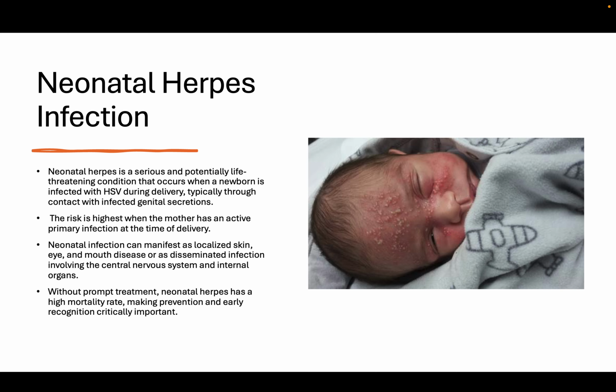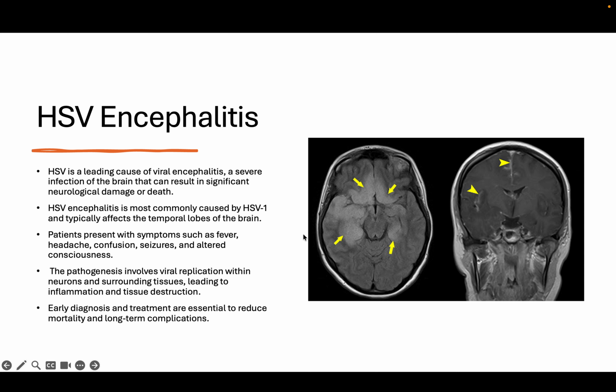So what happens is that the HSV doesn't become localized. It starts to disseminate to many different organs. You start to have eye and mouth diseases. It can go into your central nervous system, and specifically it can cause encephalitis. It can really go into your brain and cause a lot of damage in the temporal lobes.